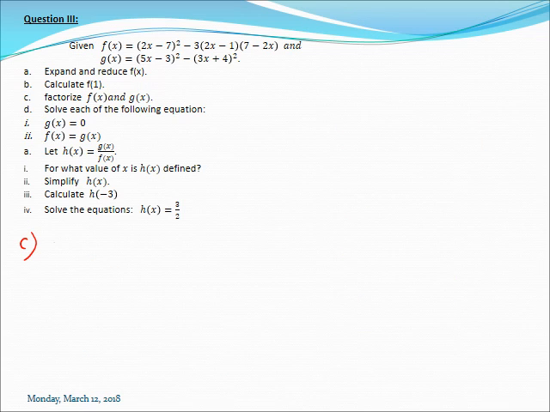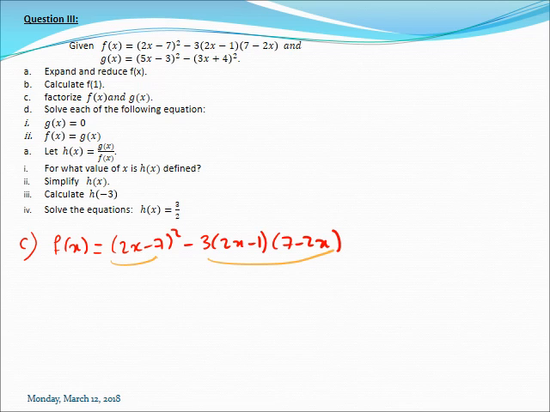C. Factorize f of x. 2x minus 7 square minus 3 times 2x minus 1, 7 minus 2x. First we have two terms. There is a common factor, which is 2x minus 7, but here 7 minus 2x.